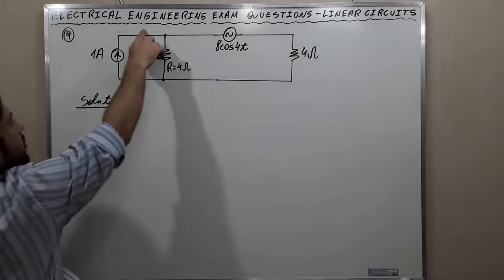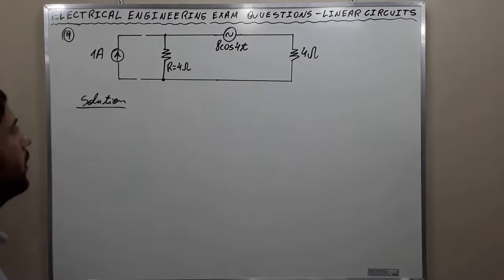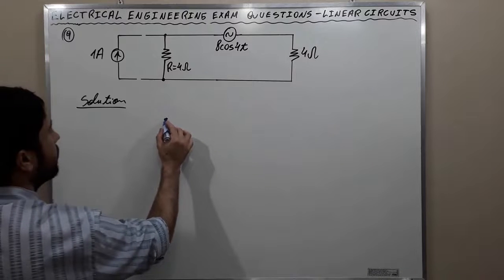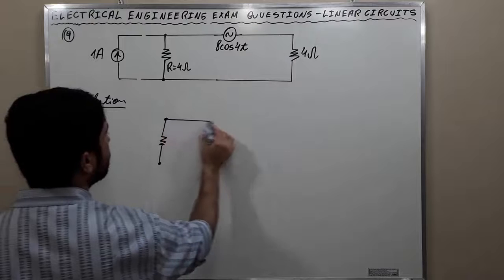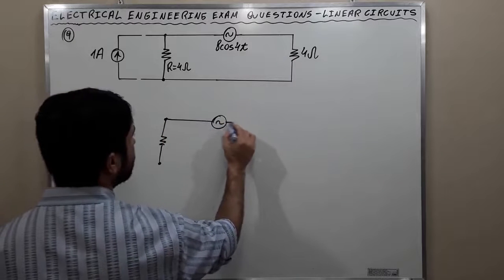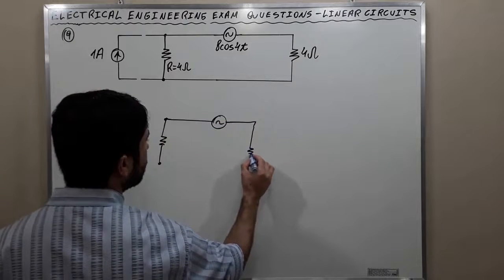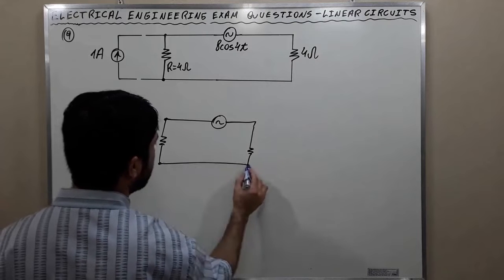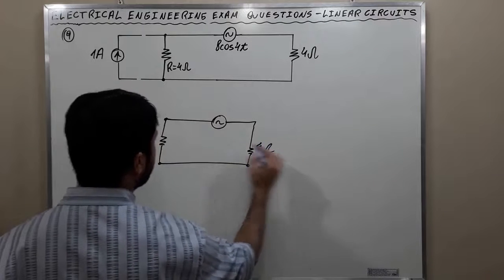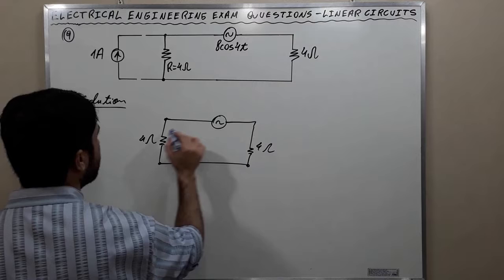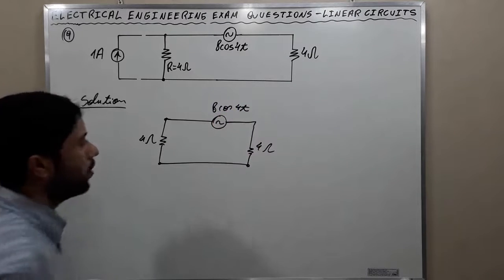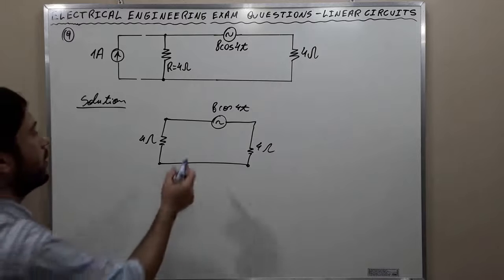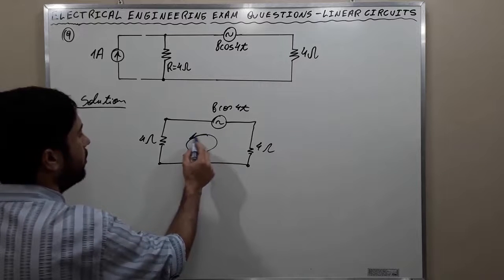Okay? Then the circuit is open here, and we have this. Okay, there is going to be a current flowing here.